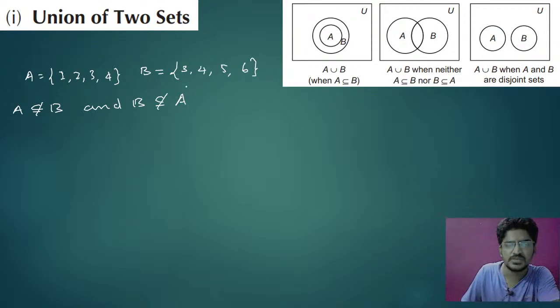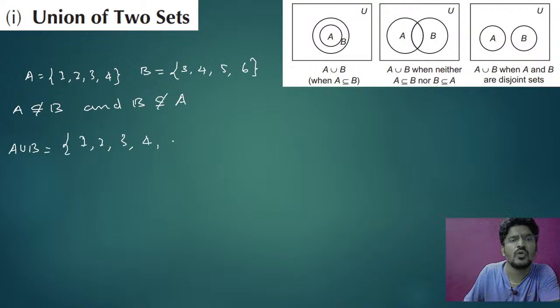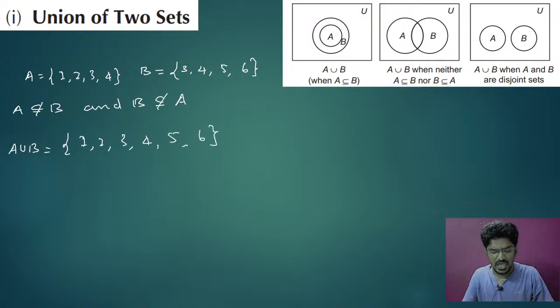So now if I do A union B, it will be equal to 1, 2, 3, 4, 5, 6, which is not equal to A as well as not equal to B.